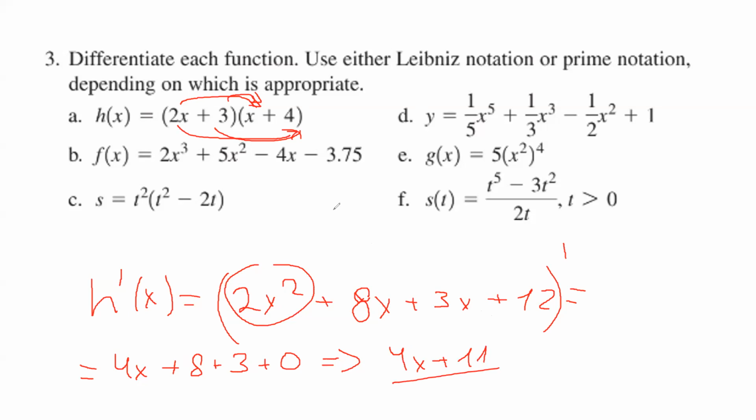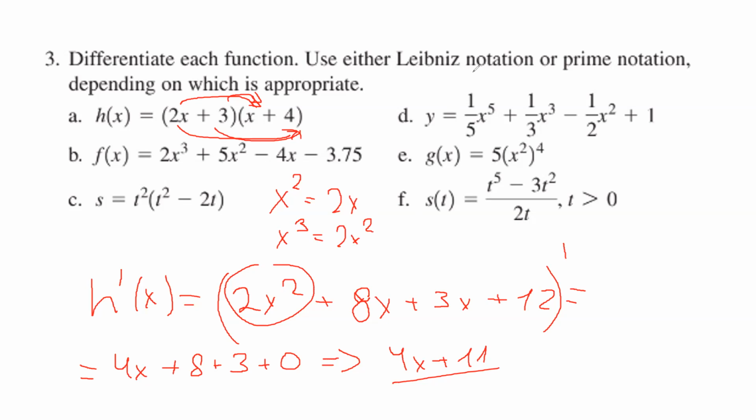So to determine whether you did everything right, just take a look at the power. Because remember, when we take the derivative of something to the second power, the derivative is going to be of the first power, okay? And it's pretty much the same with any other function.